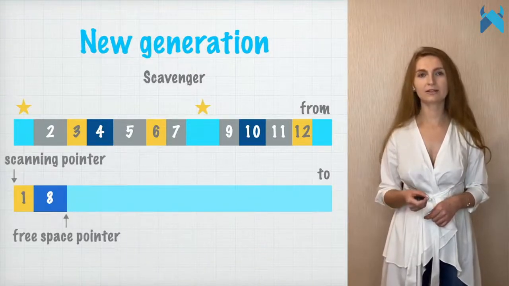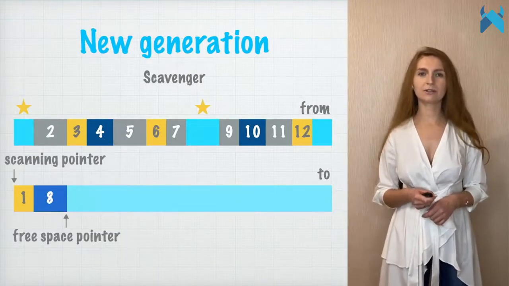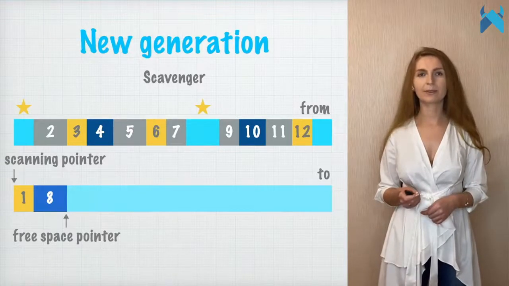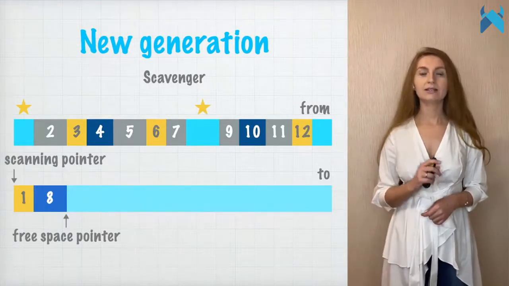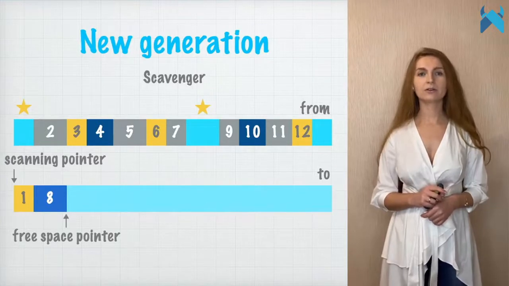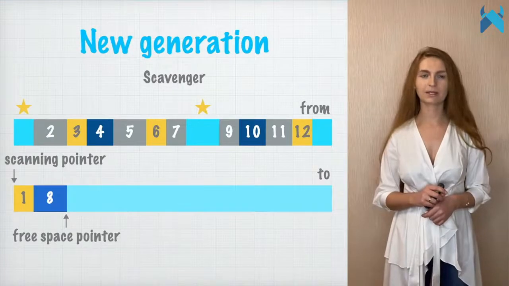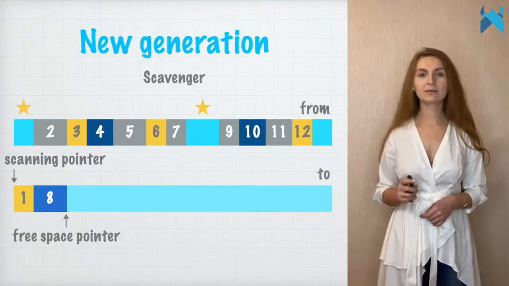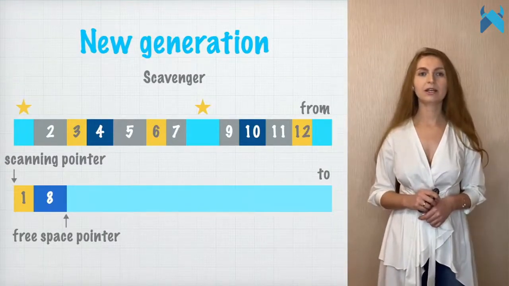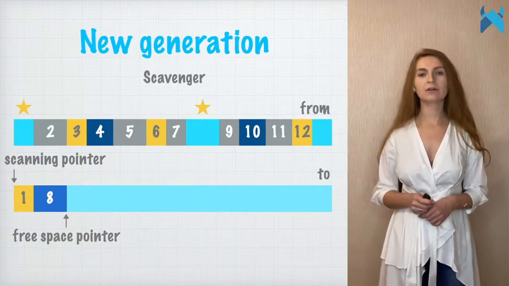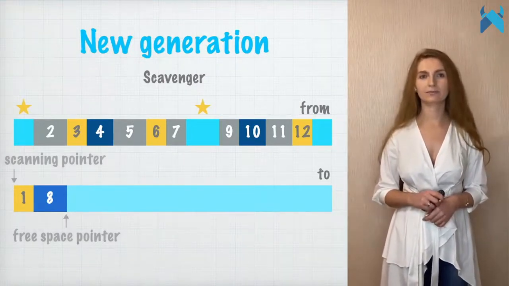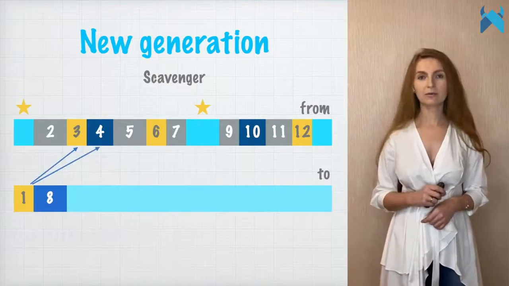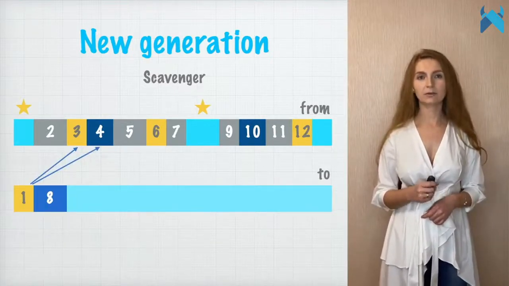The to semi-space is meant to contain members of the black set and gray set. It contains two pointers. The scanning pointer points to the end of the black set, so objects below it belong to the black set. And the free space pointer points to the end of the gray set and the next free space. This means objects between the scanning pointer and the free space pointer are members of the gray set still to be scanned. The first member of the gray set is object number 1.